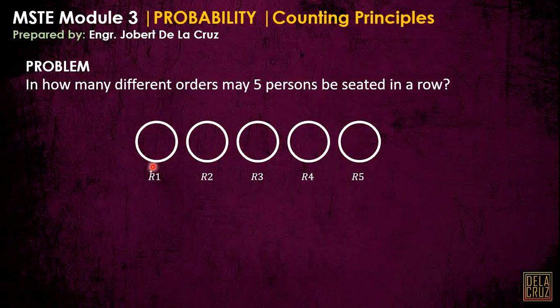Okay, that's why I call this row 1, row 2, row 3, until 5. So, this will be our hint na gagamitin natin yung permutation since yung spaces natin are iba-iba. So, by manual solution, in row 1, we have 5 choices, then 4 na lang until 1. Okay? So, that is 5 factorial or 5 times 4 times 3 times 2 times 1. The same yan as 5 factorial. Or, that is just out of 5 choices, we permute 5 persons. 5P5. That is 120 ways.